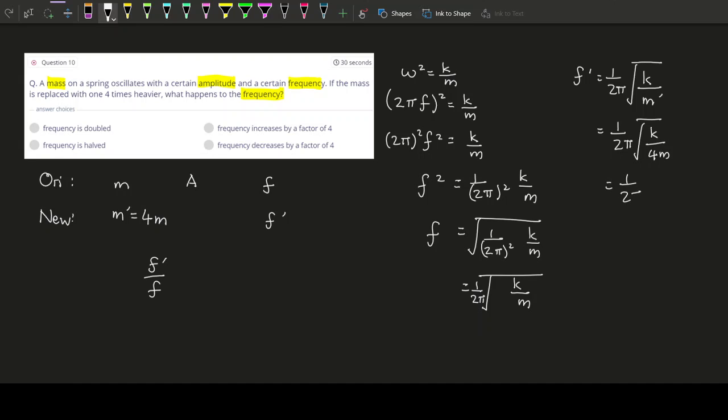Now we can do a bit of factorizing. 1 over 4 comes out, and you're left with the original k over m inside. 1 over 4, if you square root, is half. Then you're left with the original term inside the bracket. So this thing here is the same as this thing here. You can see that the new frequency is actually half of the old frequency. So the answer is that the frequency is half.